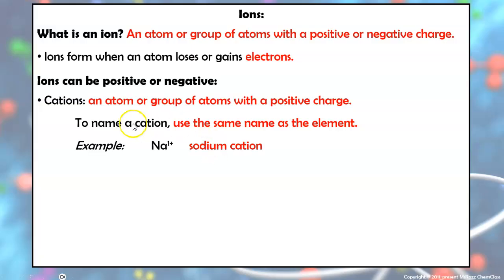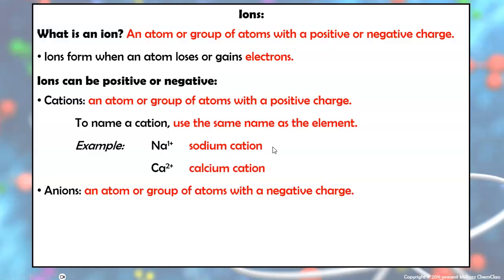An example of this would be Na+1. Na is sodium, and it's a sodium ion, or in this case, we say sodium cation to show that it's positive. Another example, Ca+2, which is a calcium cation. Okay, so these are positives because cations are positive ions.